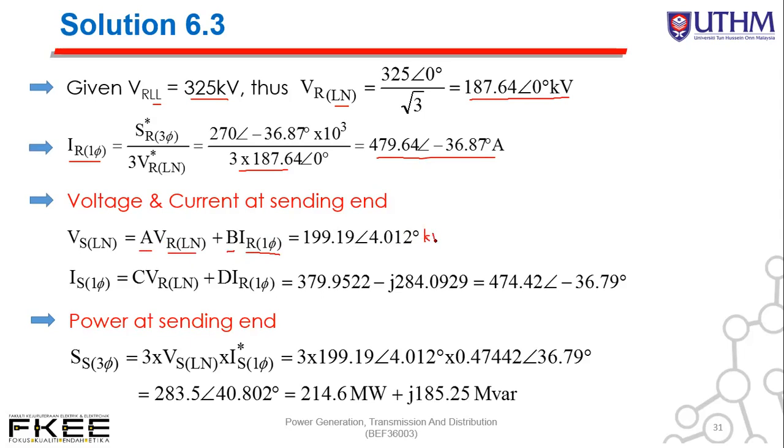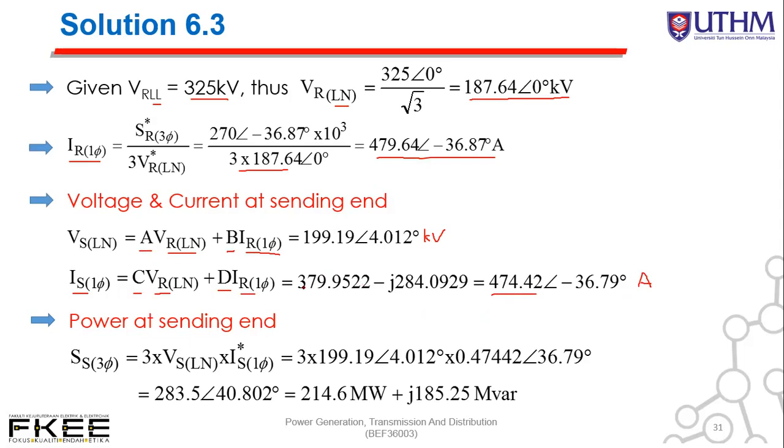Also we can use the value of C, the single phase receiving voltage, D, and the single phase receiving current. Replace the values, so we got the single phase sending current equal to 474.42 ampere.